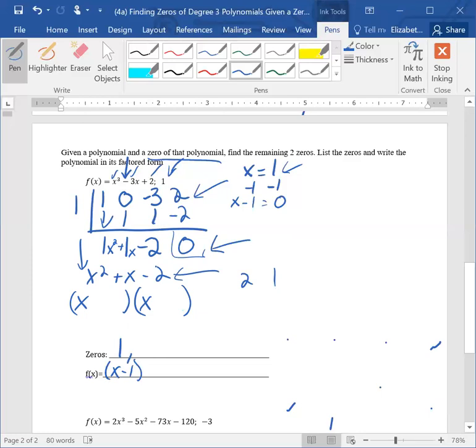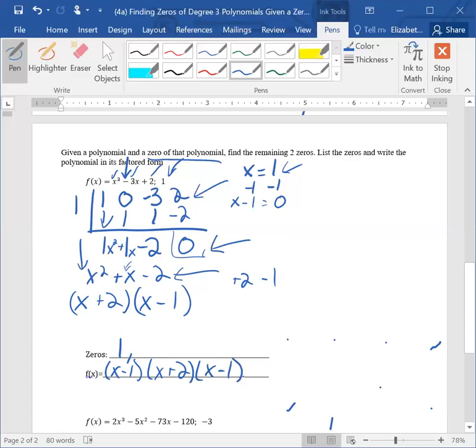I need one of them to be negative because this is a negative 2, but I want the bigger one to be positive because when I add them, I want to end up with a positive number. So the bigger one's going to be positive, the smaller one's going to be negative. So my other two factors are x plus 2 and x minus 1. Let's go ahead and write them down here. x plus 2, x minus 1.